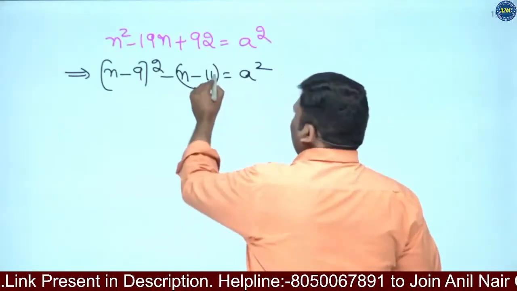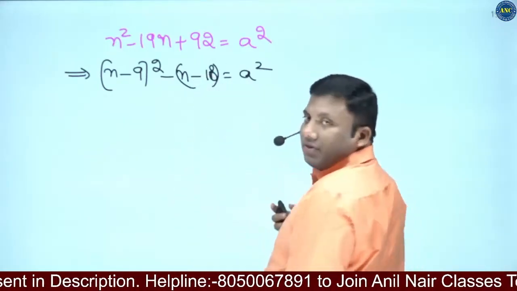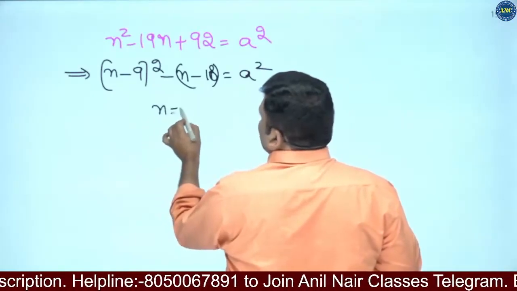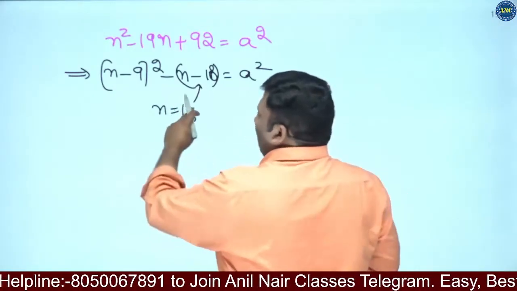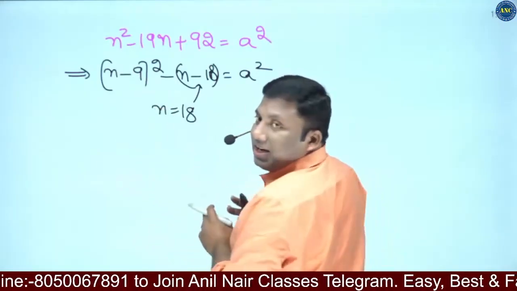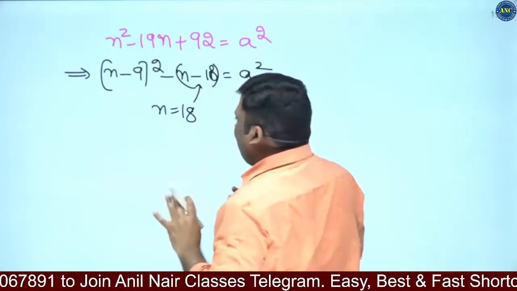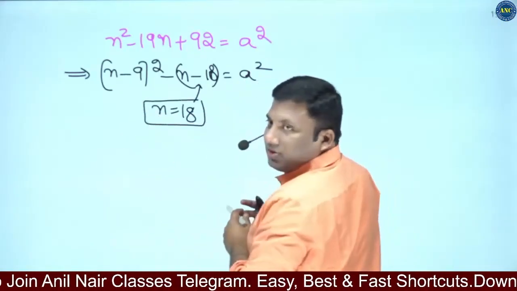Plus 99 means this is 18. Are you all with me? So if n value is 18, this will become 0. 18 minus 9 is 9 square, 81. a square is 81, a value will be a perfect square. So n is 18 possible.